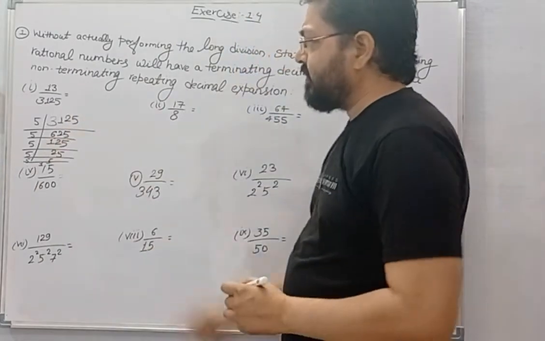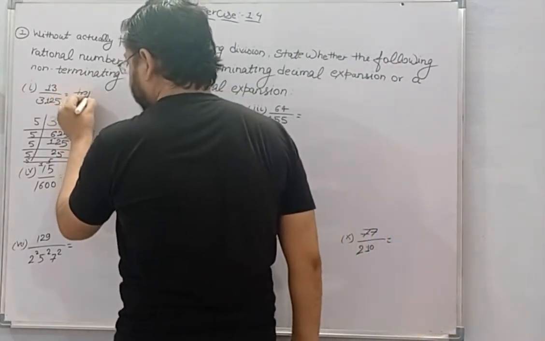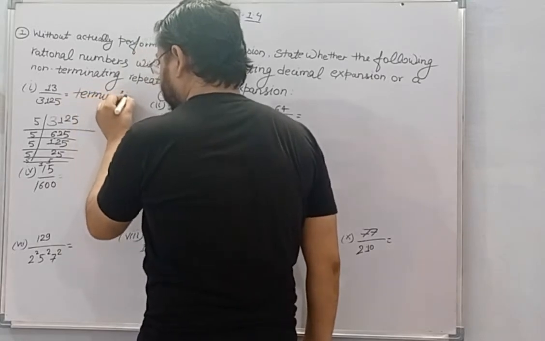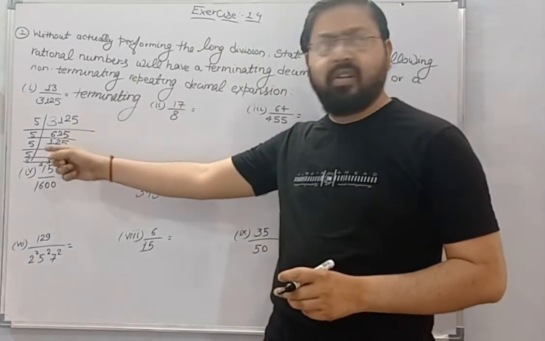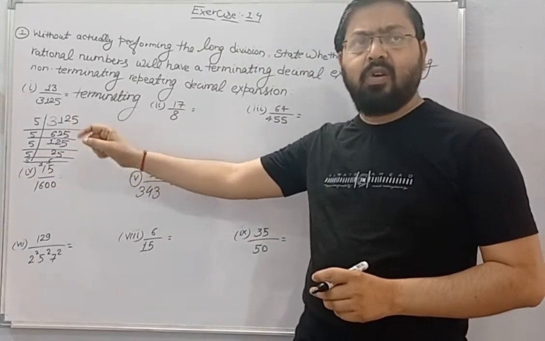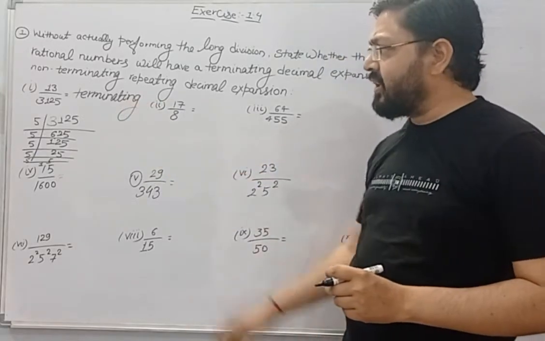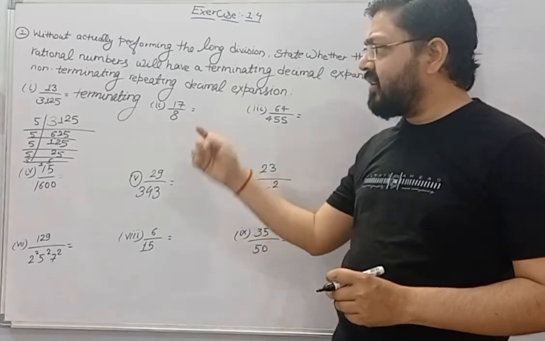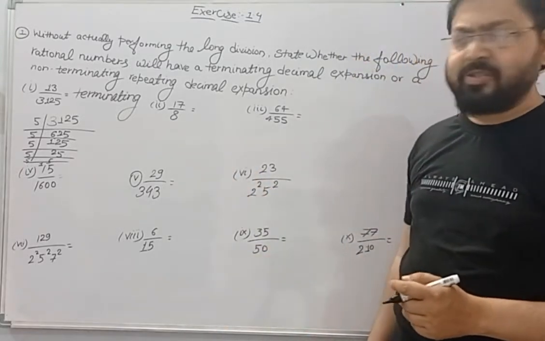It means this is terminating. As I told you, if the denominator contains the factors 5 or 2, then it will show terminating decimal expansion. If it contains factors other than 2 or 5, then it will show non-terminating but repeating decimal expansion.